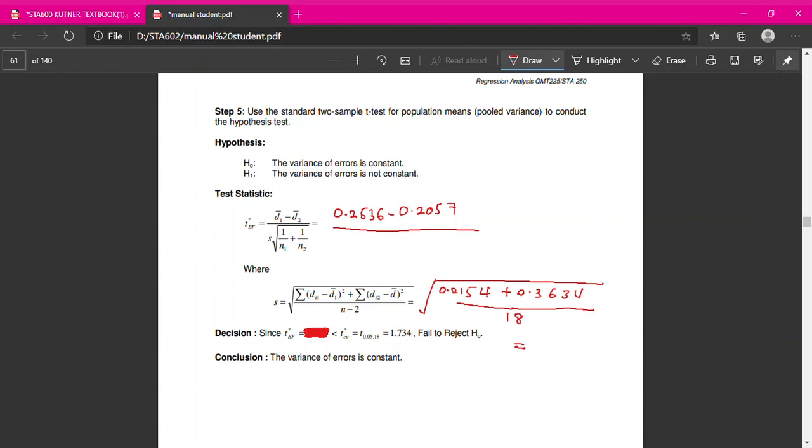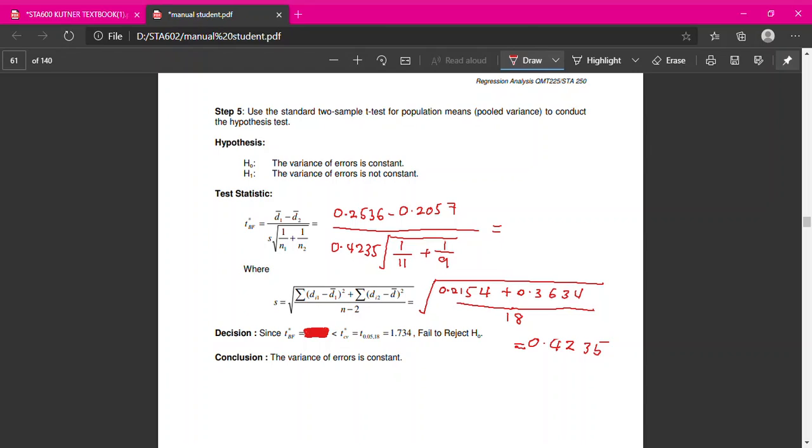So the answer will be 0.4235. So here, 0.4235 multiply dengan square root of 1 divide 11 plus 1 divide 9.